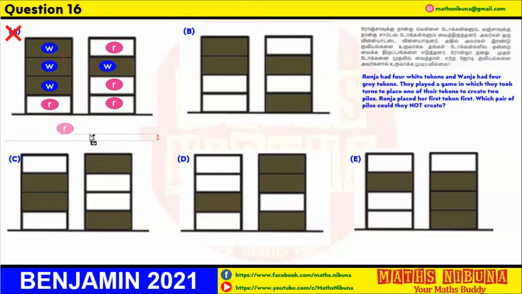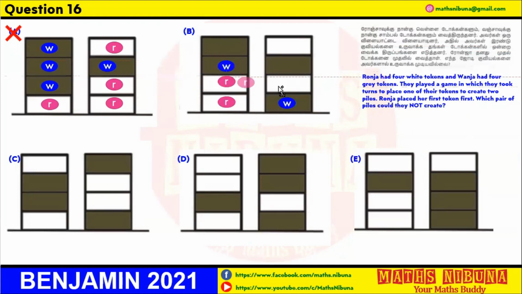Now the same thing. We start with Ronja 4, Wanja 4. Let's say Ronja starts and puts here. The next one can be this or this. This one cannot be Wanja's; Wanja must be gray. And then Ronja maybe keeps here. And then Wanja can be this one or this one, so Wanja can only be here.